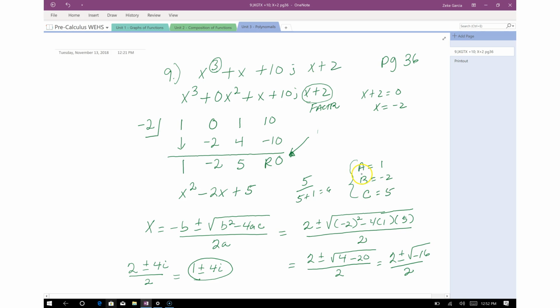I substituted for a 1, for b negative 2, and c was 5. Negative 2 to the second power is 4. Negative 4 times 1 is negative 4, times 5 is negative 20. 4 minus 20 is negative 16. And I still have a 2, and I'm dividing by 2. So yes, it's going to be 1 plus or minus 4i.